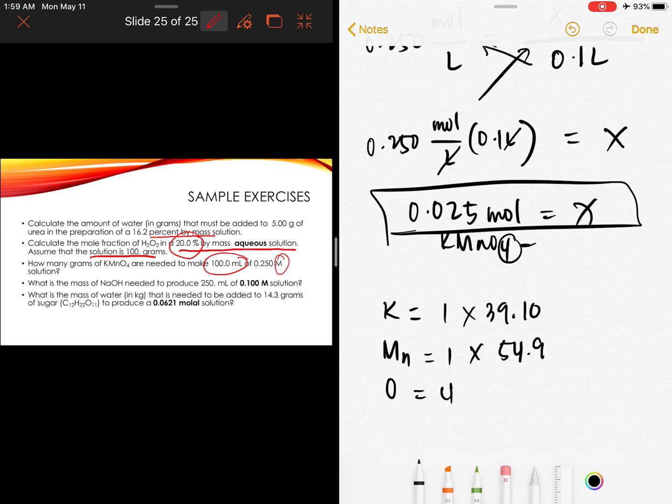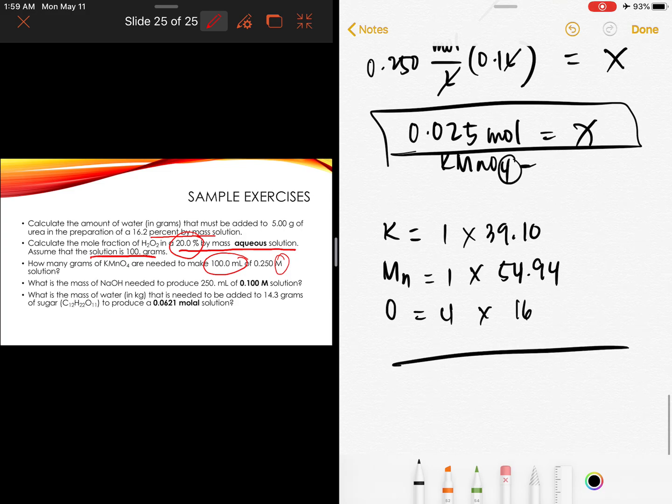For manganese, it's 54.94, and for oxygen, it's 16. Now get the sum of this. So 39.10 plus 54.94 plus 16 times 4. Okay, so the molecular mass of potassium permanganate is 158.04 grams per mole.